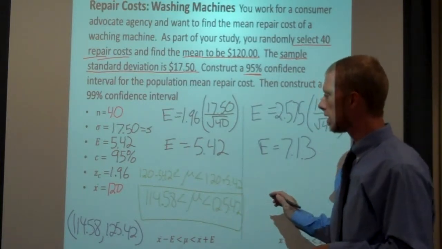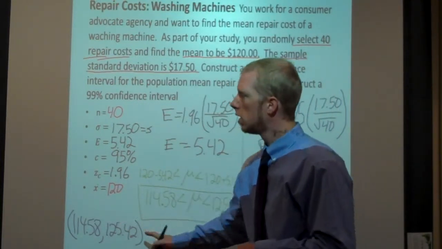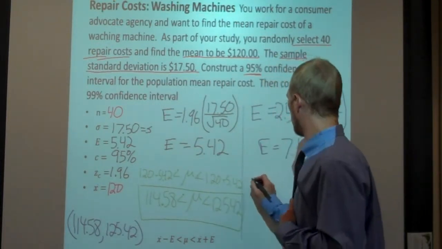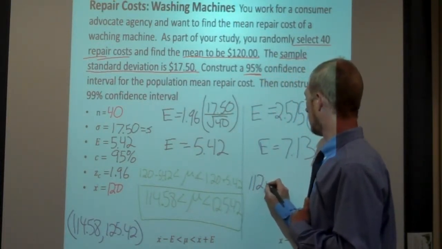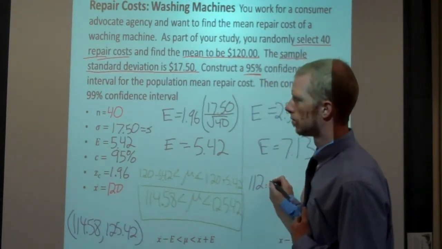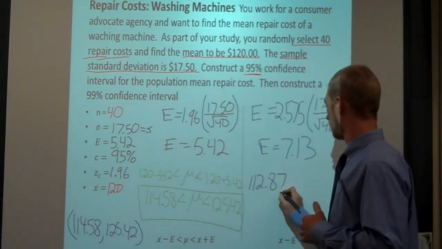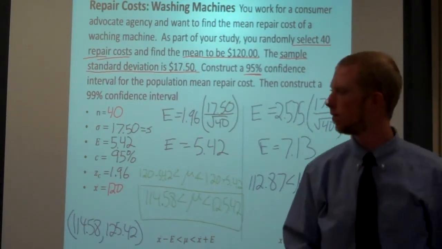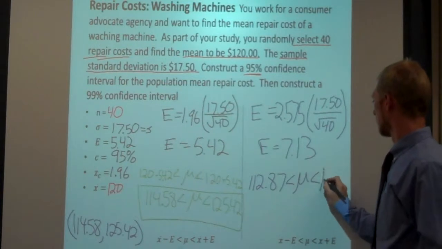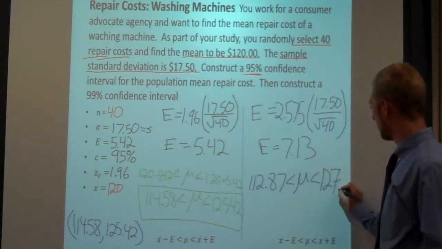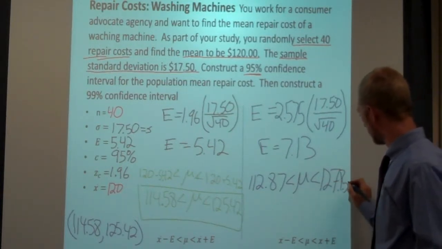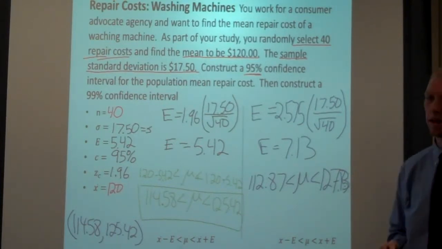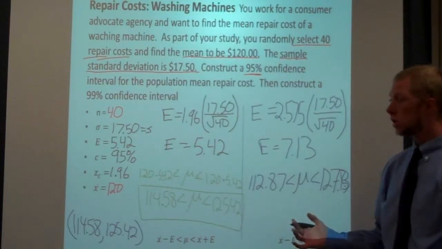So now if I add and subtract that, I'm going to end up with 112.87 is less than mu is less than 127.13.